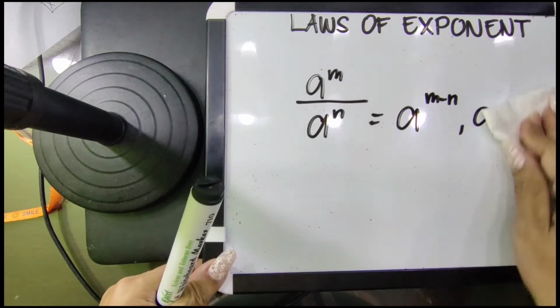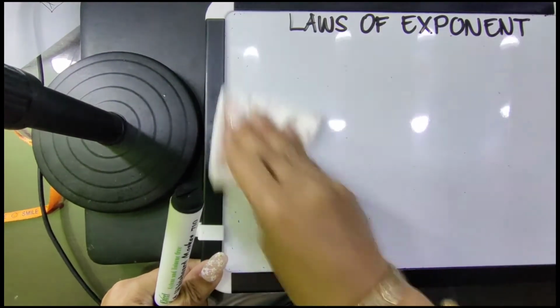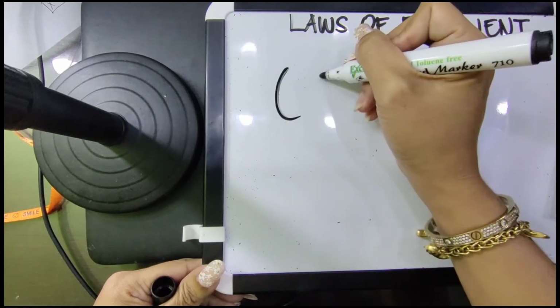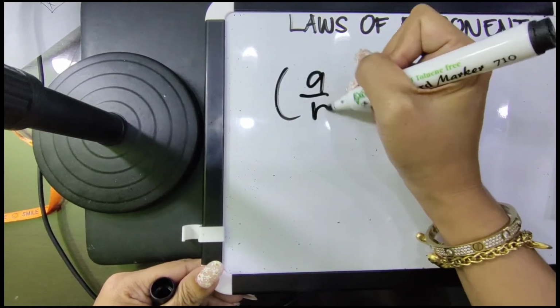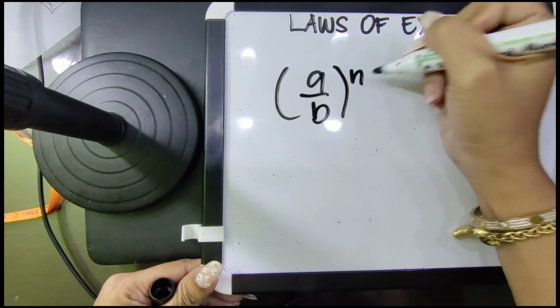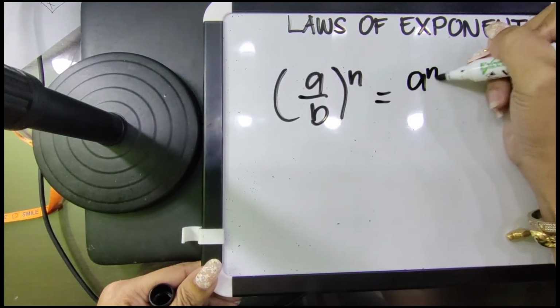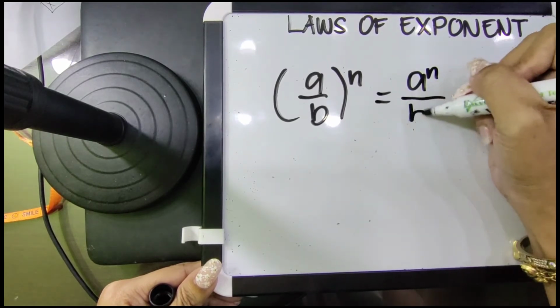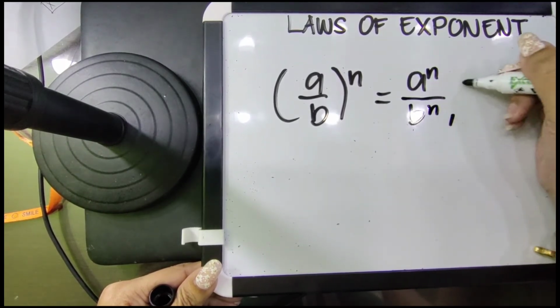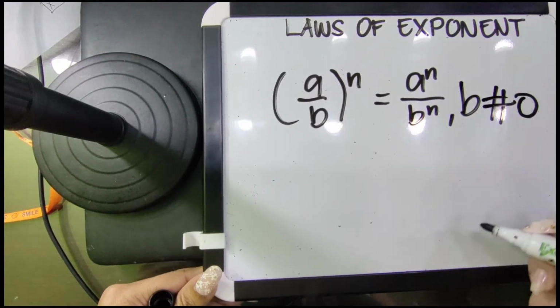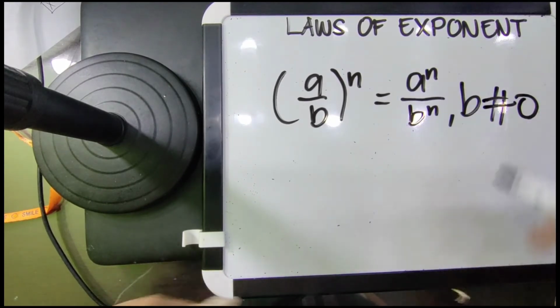We have also the power of a quotient rule. This is how it looks. A over b raised to n is equal to a raised to n over b raised to n, where b is not equal to 0. That is the power of a quotient rule.